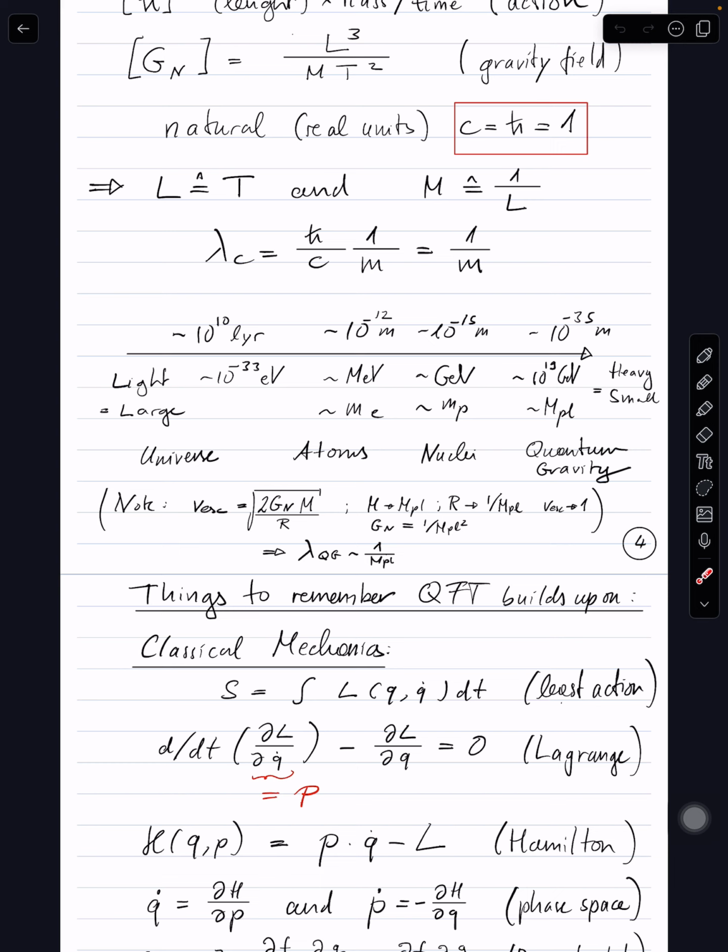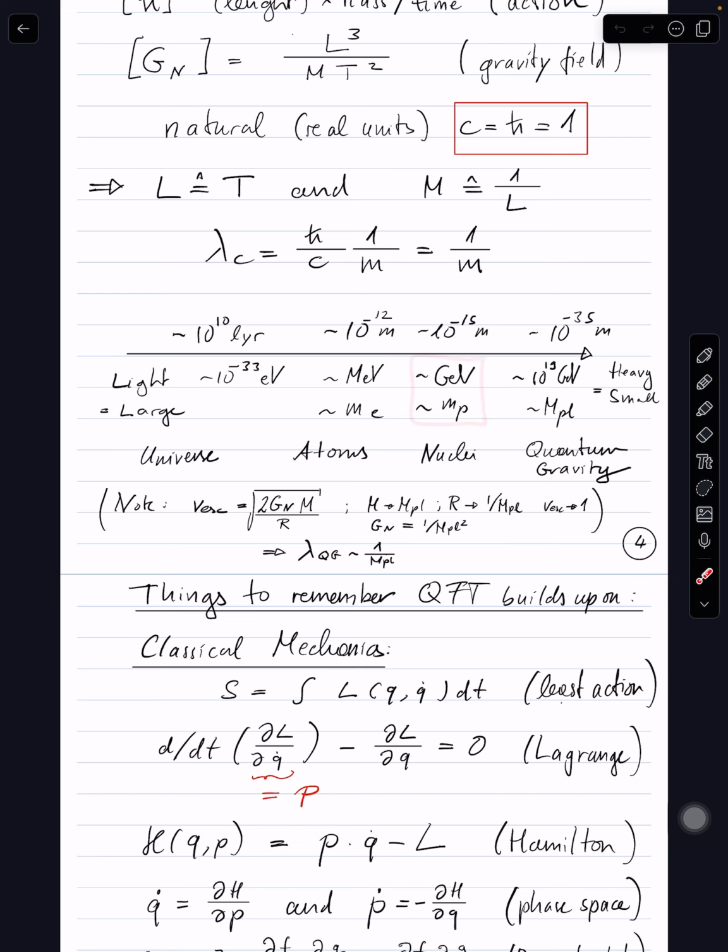And the unit of fundamental physics is very often referred to as the electron volt. It's the energy needed to accelerate an electron through a volt. The proton mass is pretty much 10 to the 9 electron volts, abbreviated as giga electron volt, GeV.